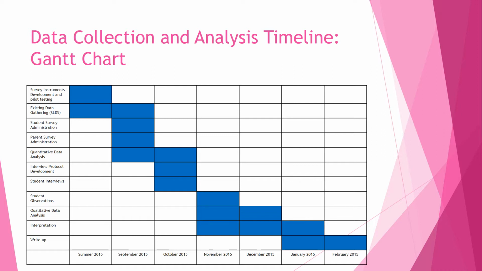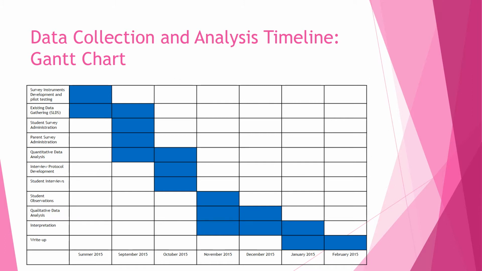You shade the time that it'll take to accomplish the task according to the timeline. It's helpful to organize the tasks in chronological order along the left, often beginning or ending with an encompassing time frame that the study will cover, if it's unnecessary to break down the steps.